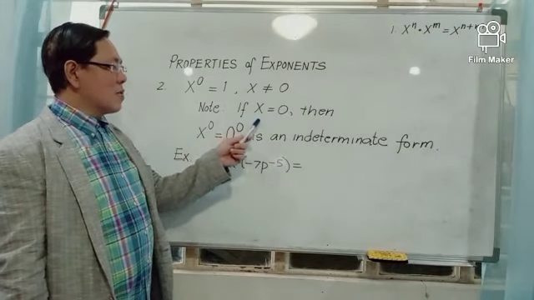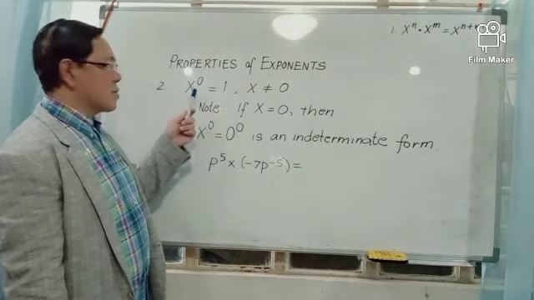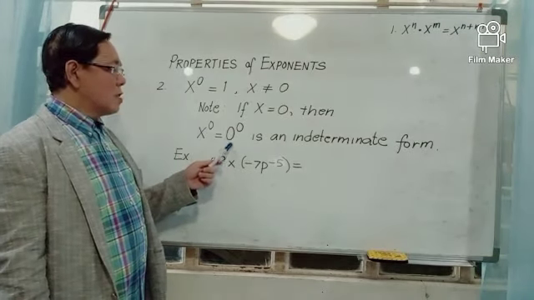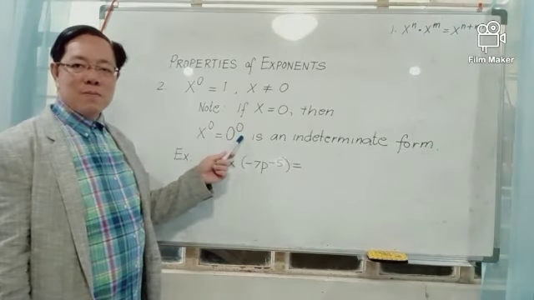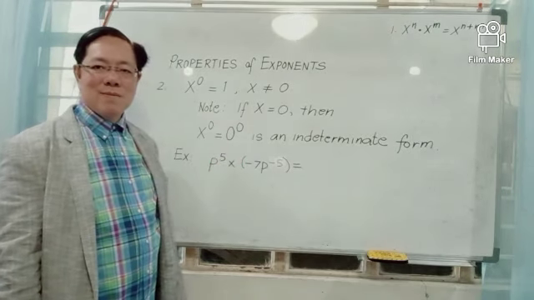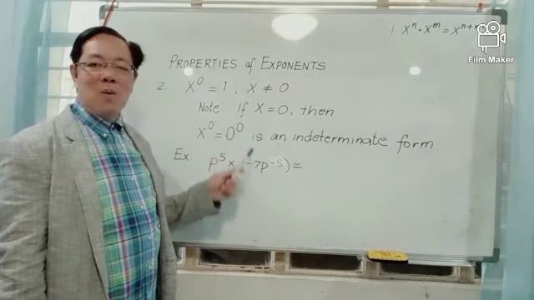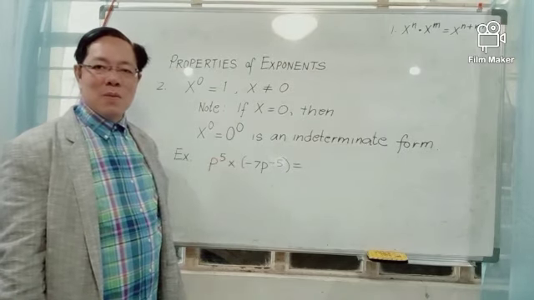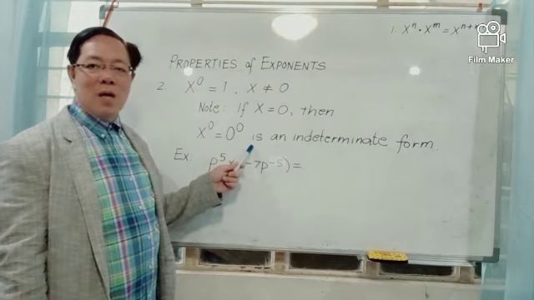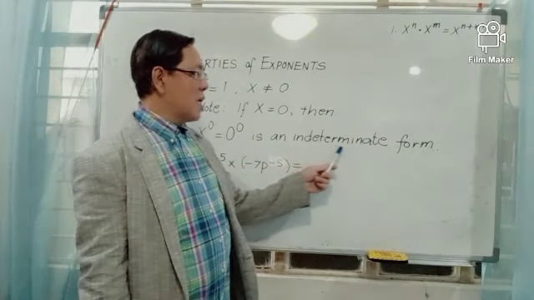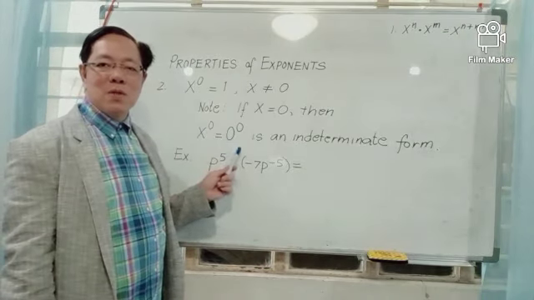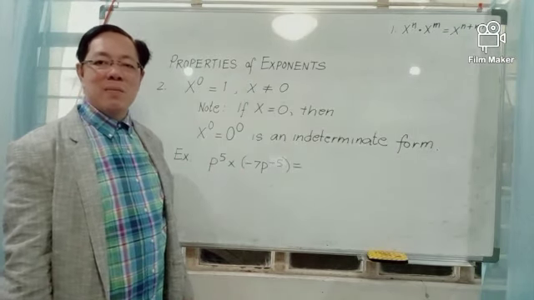If x equals 0, then x to the power 0 is equal to 0 to the power 0. 0 to the power 0 is not 1. And 0 to the power 0 is not 0. 0 to the power 0 is what is known as indeterminate form, which means that the value of 0 to the power 0 cannot be determined.